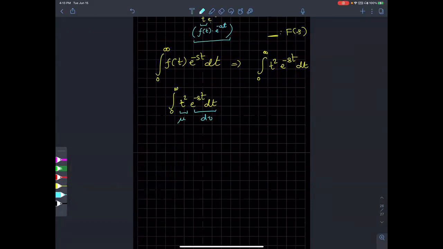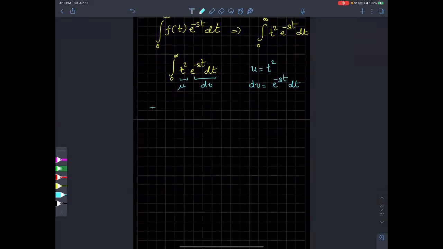So in other words, u is t squared, and then dv is e to the negative st dt. So we can use integration by parts. We have an integral that has two functions, u and dv.